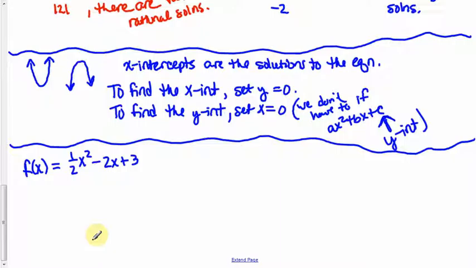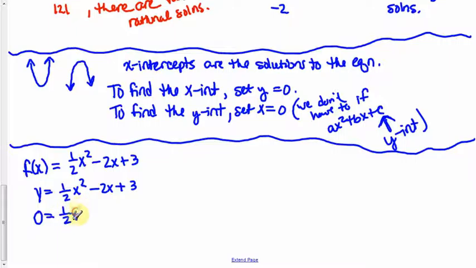So f of x is the same thing as what? The y. So if this makes you more comfortable for this particular situation, because they have asked us to find the x-intercept and the y-intercept, then by all means, put it there. Okay? To find the x-intercept, we have to set y equal to 0. So I'm going to put 0 in for y.